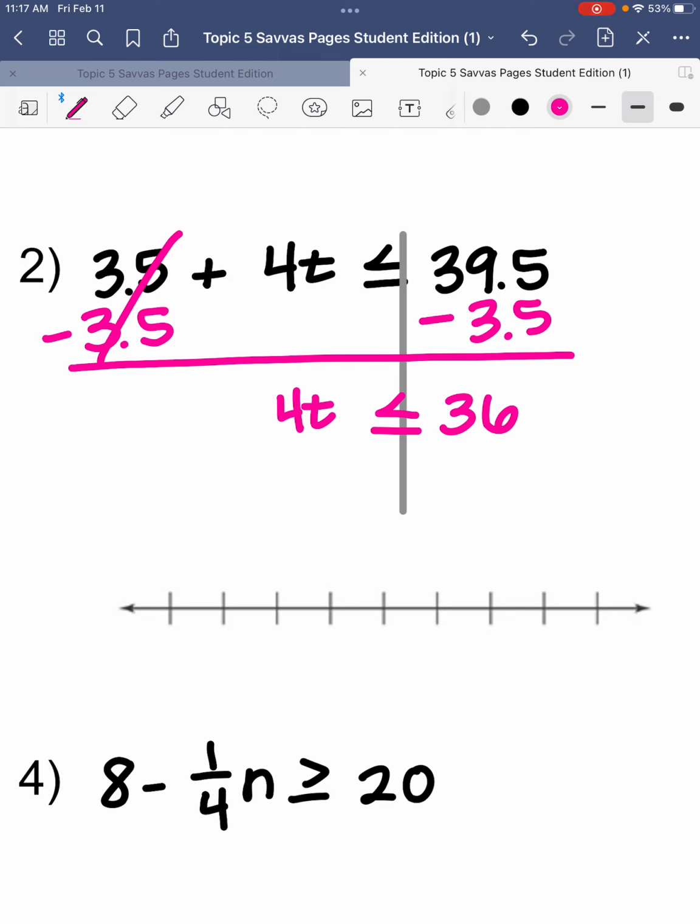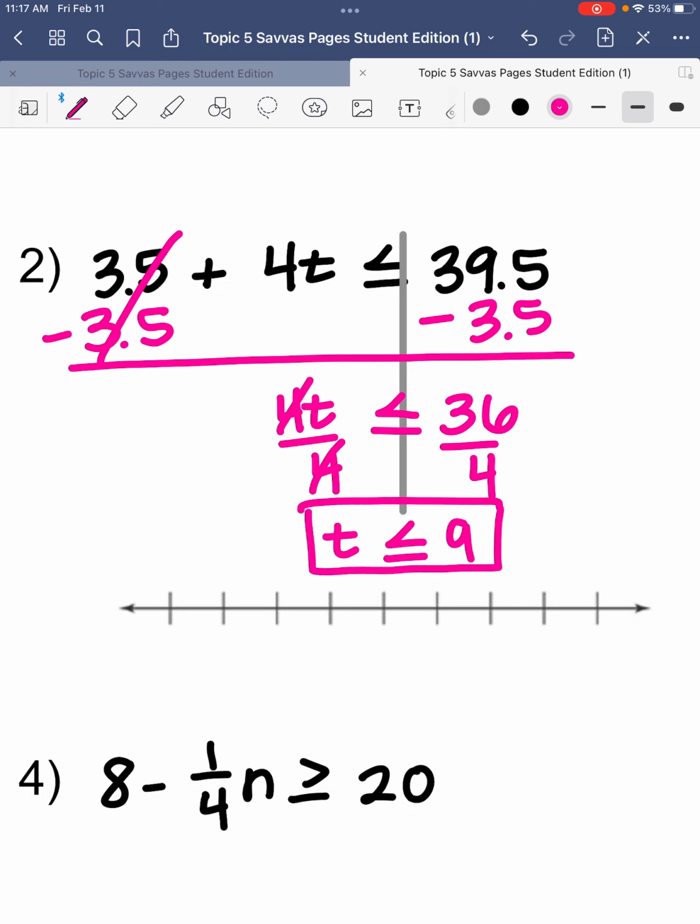Now to get that t by itself, I need to divide by 4 on both sides. Now, dividing by 4, does that make me flip my symbol? No, it does not. So less than or equal to is still my symbol. On the side with the t, the 4's cancel out, t comes down and it's by itself. And on the other side, 36 divided by 4 is 9. So t is less than or equal to 9 is my answer.